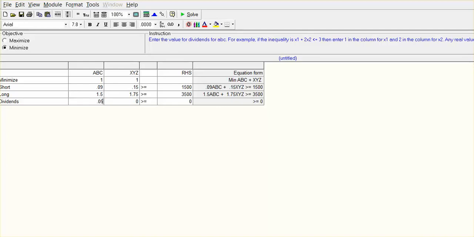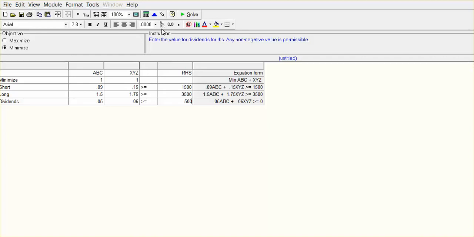So 0.05 would be the dividend rate for ABC, and 0.06 for XYZ, and as indicated, I've got to get $500. And once again, when we're looking at minimization, it's always going to be greater than or equal to. So I think we can put everything in.